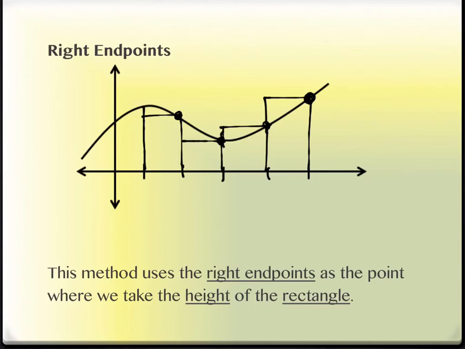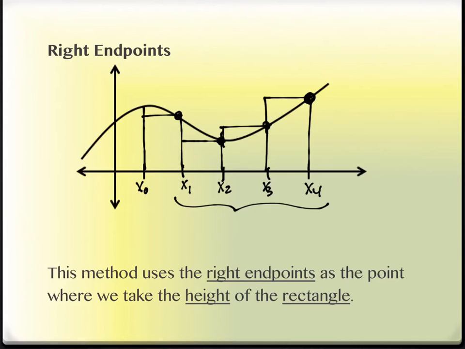My labels are the same, x0, x1, x2, x3, and x4. But the 4 heights that I use are not f of x0 to f of x3. They're shifted. The 4 heights that I use are f of x1 to f of x4.